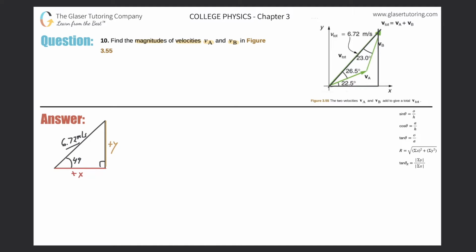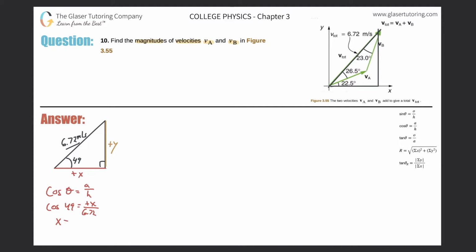So let's find the x component of the resultant vector. Again, I want to find this side, and I know the hypotenuse and I know the angle that is adjacent to that side. Therefore, that sounds like a cosine function. So cosine of theta is equal to adjacent over hypotenuse. The cosine of 49 is equal to the positive x value over 6.72.